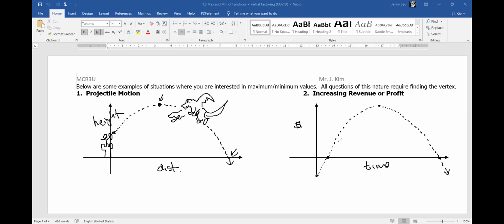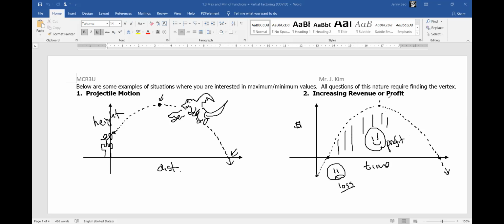So you can say, as long as it's in the positive, we're profiting, but anything underneath is a loss, right? Math can try to predict your future business plans, right?